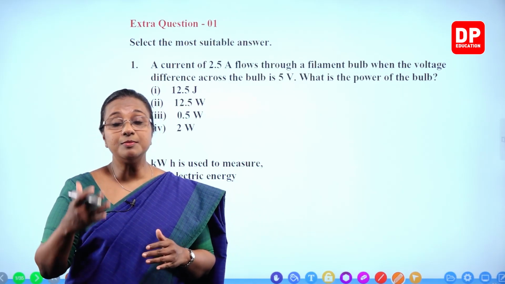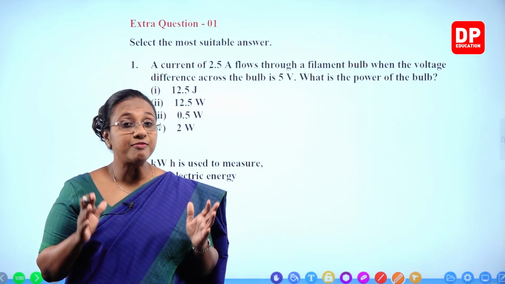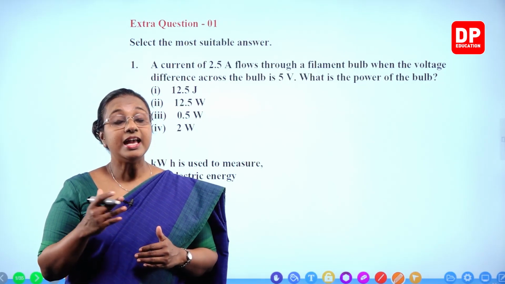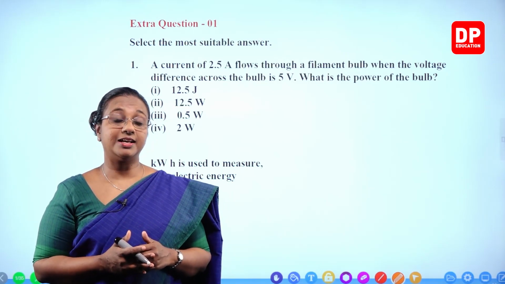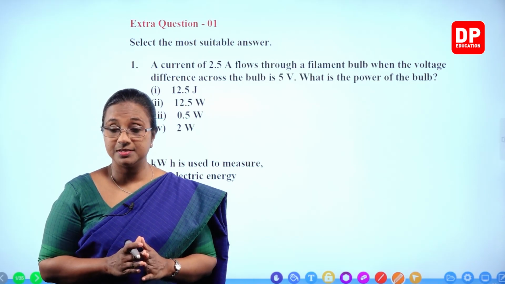Then we discussed the amount of electric energy consumed by each device, and from there the efficiency of different electrical appliances that are used for the same purpose.